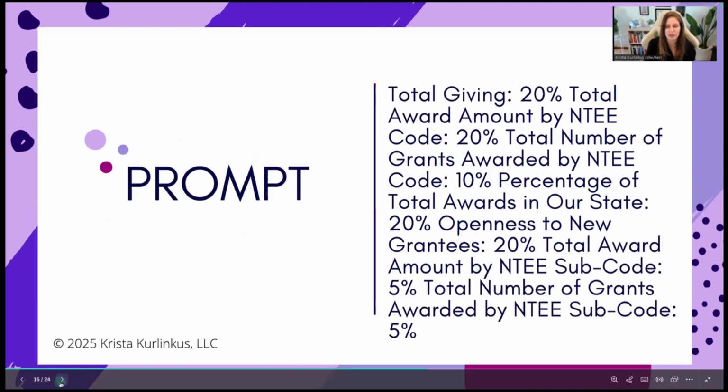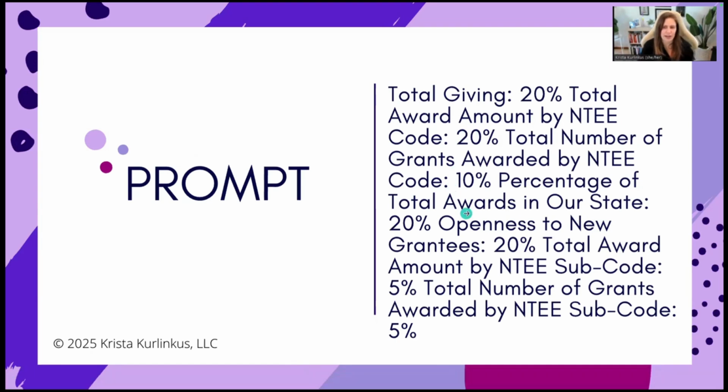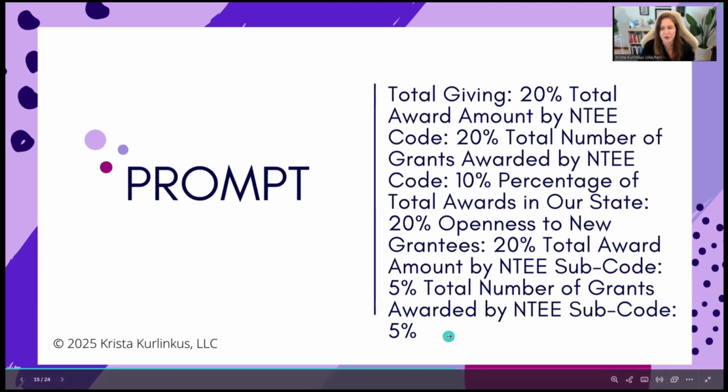Now you can assign your own amounts. I assign these, and I'll also provide this prompt for you after this, so you can just copy and paste it. But we give it 20% weight to total award amount by NTE code, 20% by total number of grants awarded by NTE code, 10% of total awards in our state, 20% openness to new grantees, 20% total award amount by NTE subcode, 5% total number of grants awarded by NTE subcode.